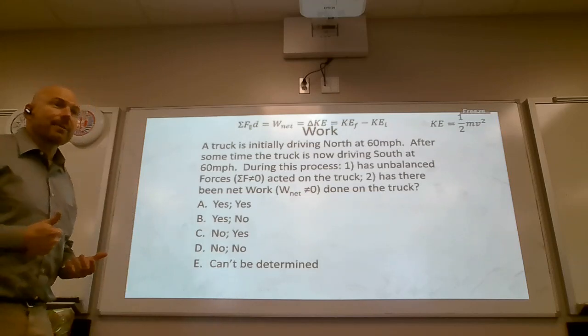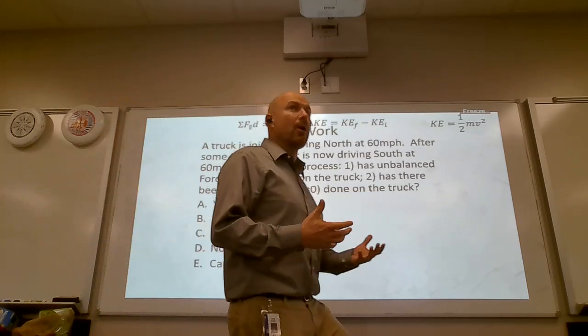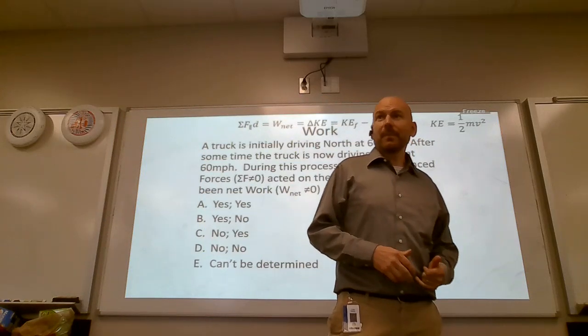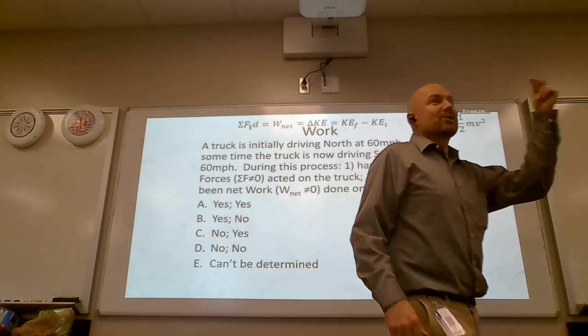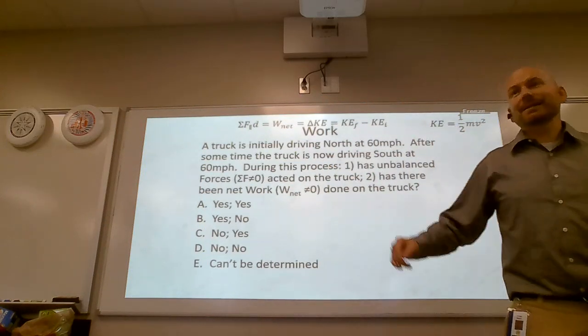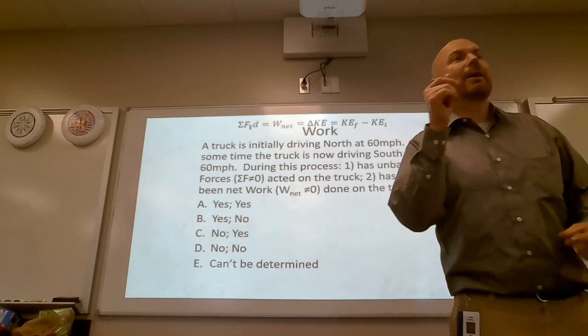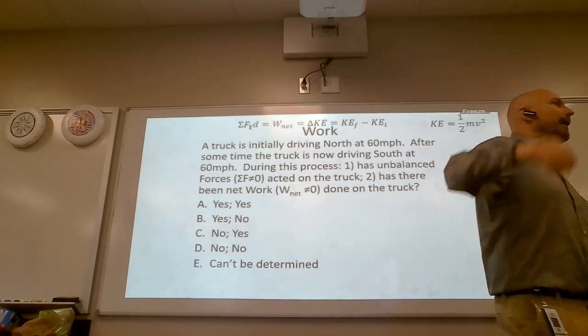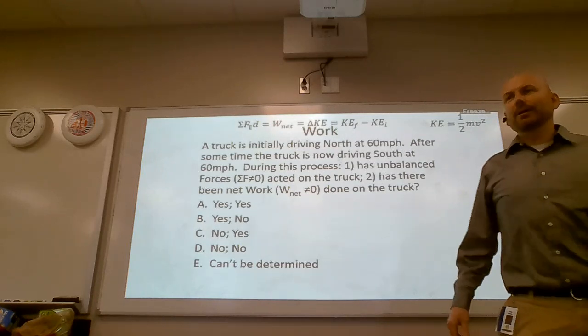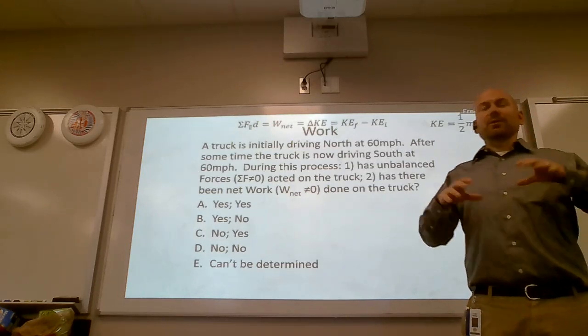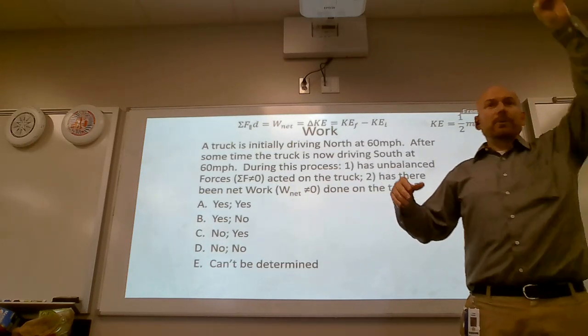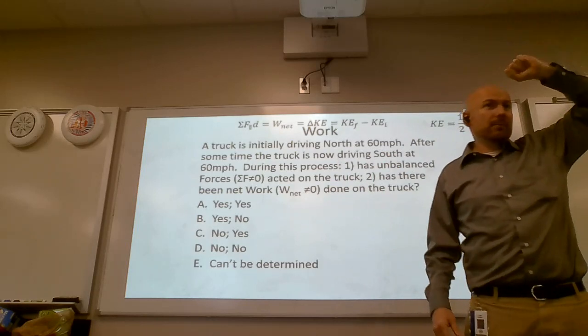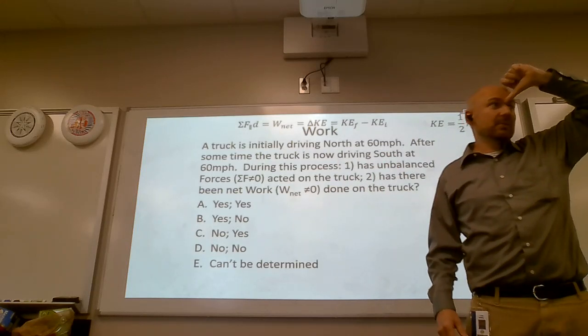If you looked at just the speeding up part, it's positive work. But if we started the process at 60 miles an hour and ended at 60 miles an hour, the net for the whole process would be 0 work done.